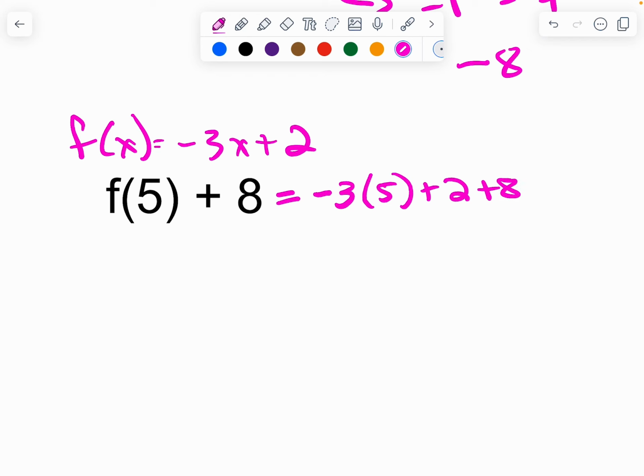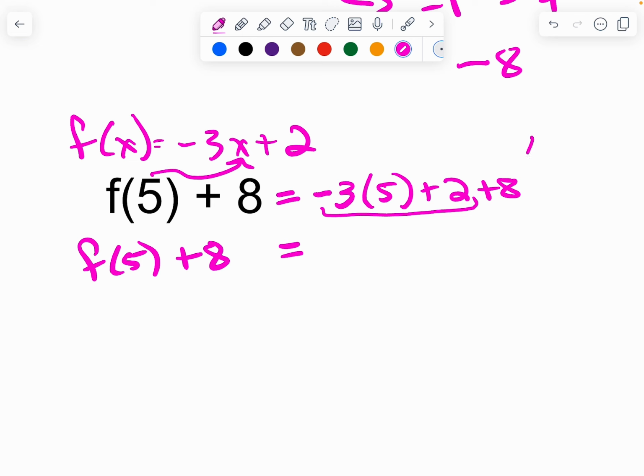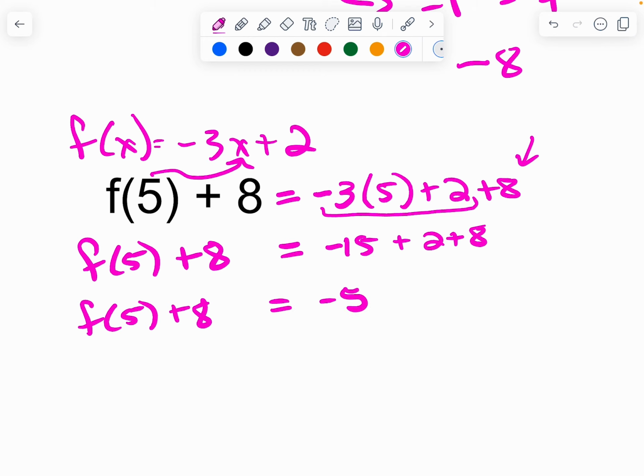So all I've done is take this 5 and plug it in there. So this is the f of 5 right there, and then we have the plus 8. So this is going to get us negative 15 plus 2 plus 8. So f of 5 plus 8 equals negative 5.